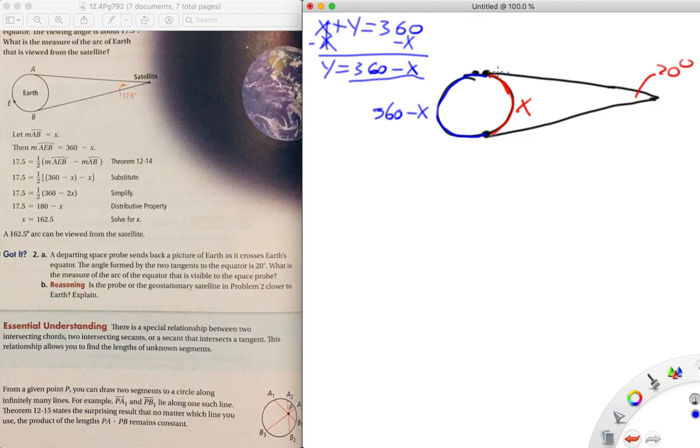So since it's a tangent line, and the angle is on the outside of the circle, I can do the equation of 20 degrees equals 1/2 of 360 minus x, minus x.